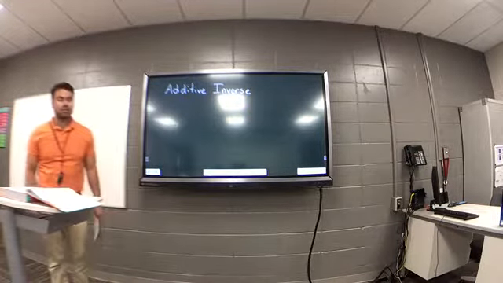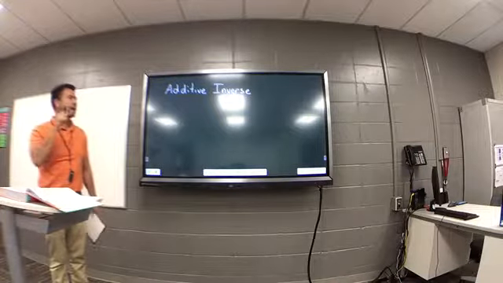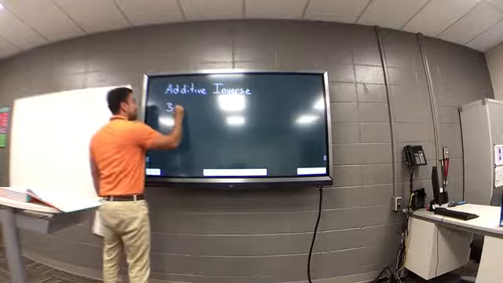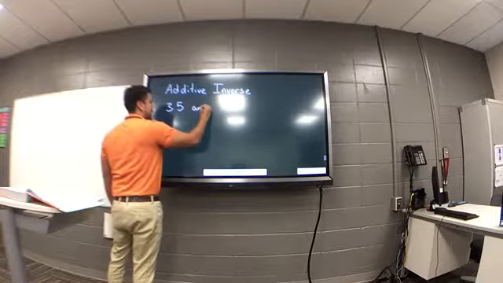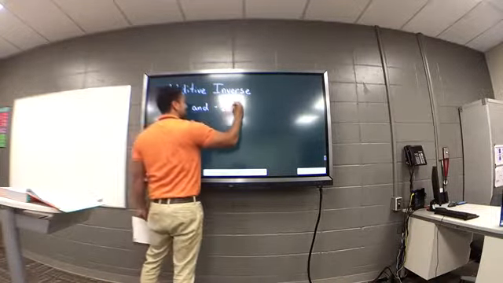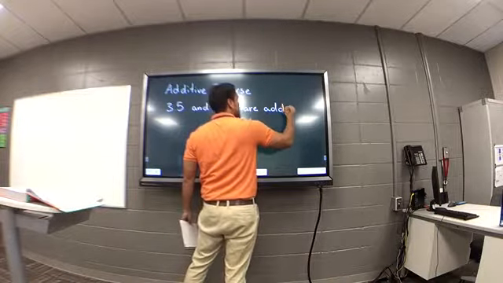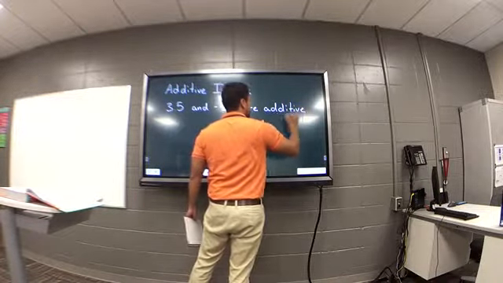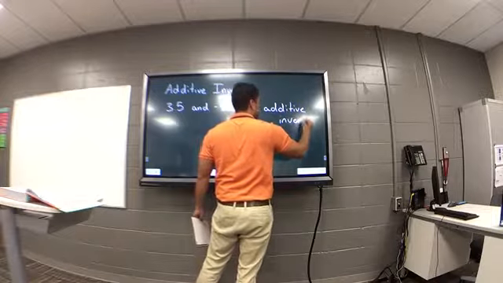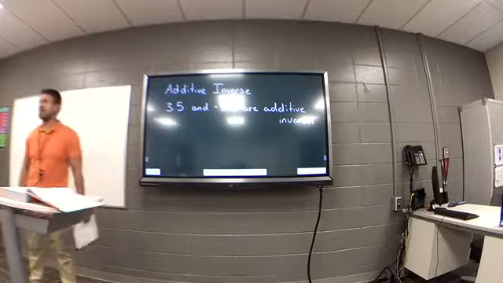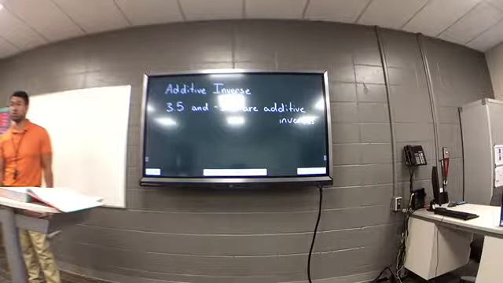We have used this before, but not as much, and that's okay. 3.5 and negative 3.5 are additive inverses. So we have already used these numbers. These are just an example of it.